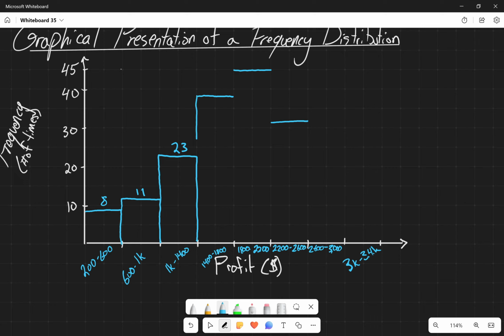So we can start to connect these things a little bit. So this is 38, 45, 32. The next one is 19. And the last one is 4.